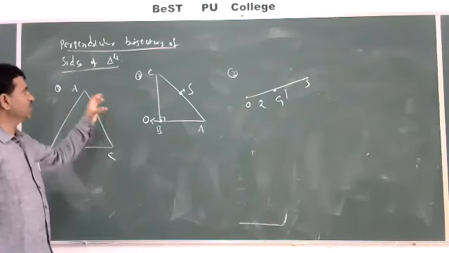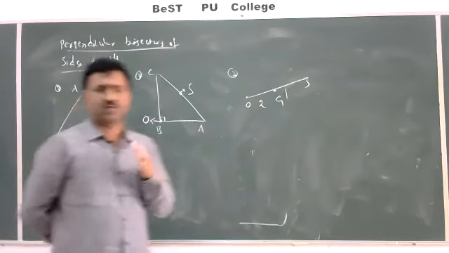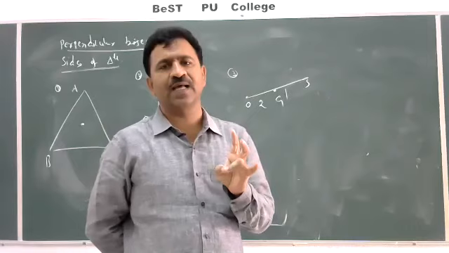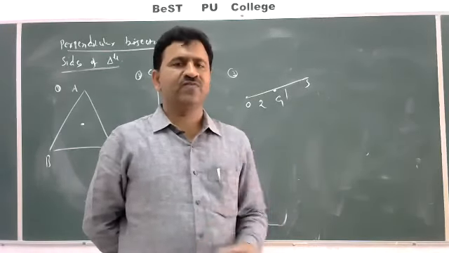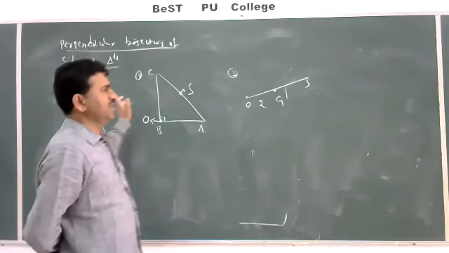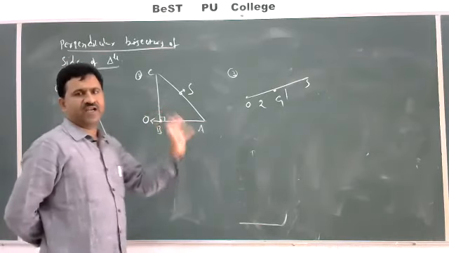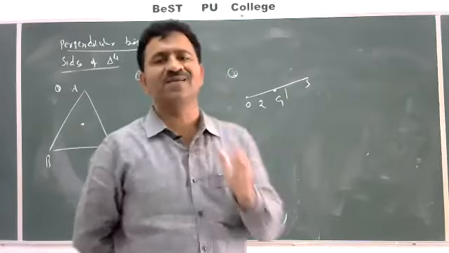So just what we learned today, for tomorrow's class, perfect this one. Today you practiced median, centroid, altitude, orthocenter, perpendicular bisector and circumcenter. The main definition of centroid is that G divides the median in the ratio 2:1. We find the coordinates of the centroid as (x1 plus x2 plus x3) by 3, (y1 plus y2 plus y3) by 3.